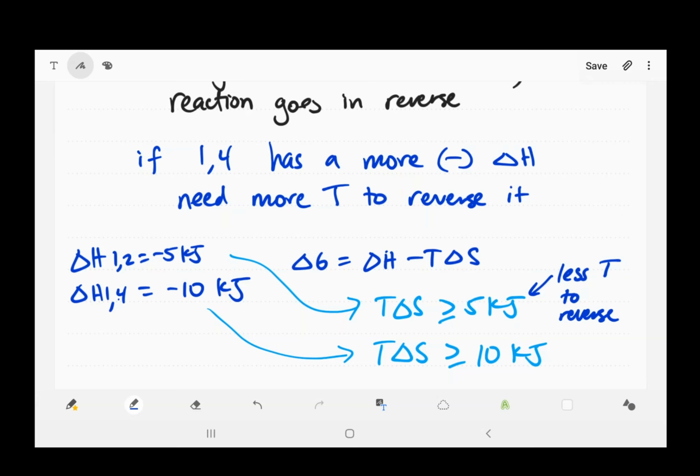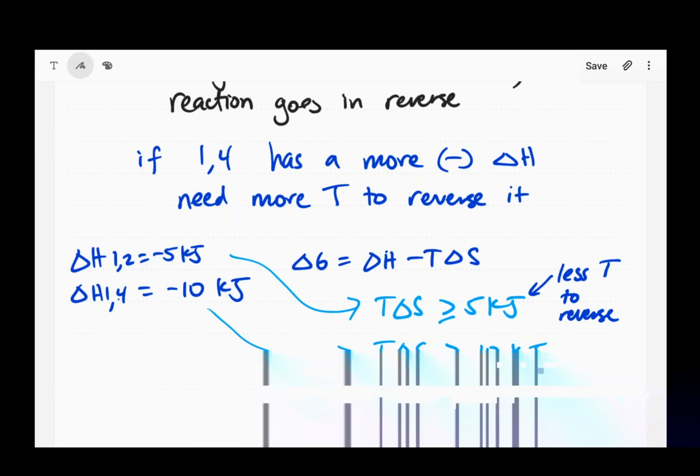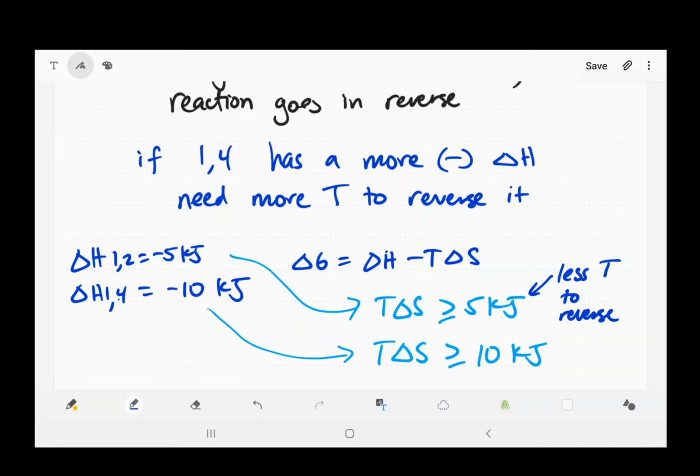If nothing else, thermodynamic product is your more stable product, and that comes from high temperatures. Alright, so if nothing else, that's what all this is here to explain. But the trends are kind of the takeaway here.